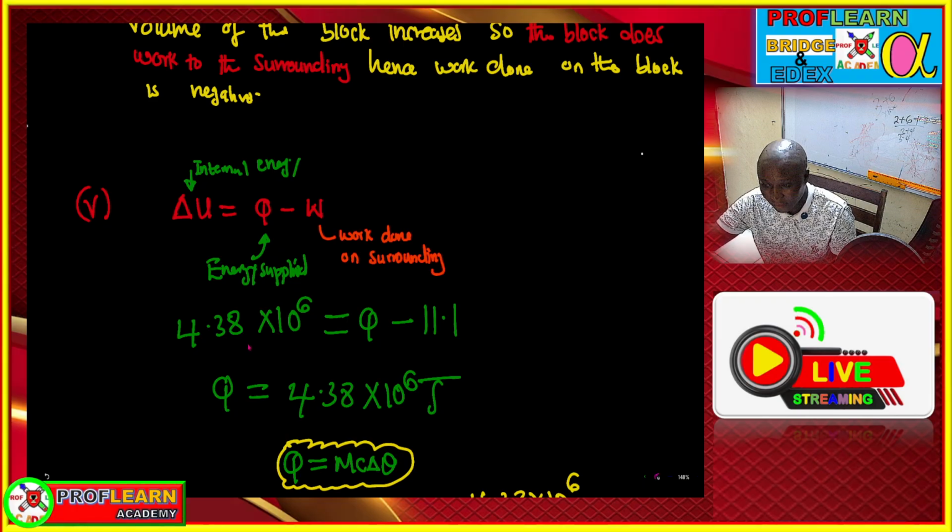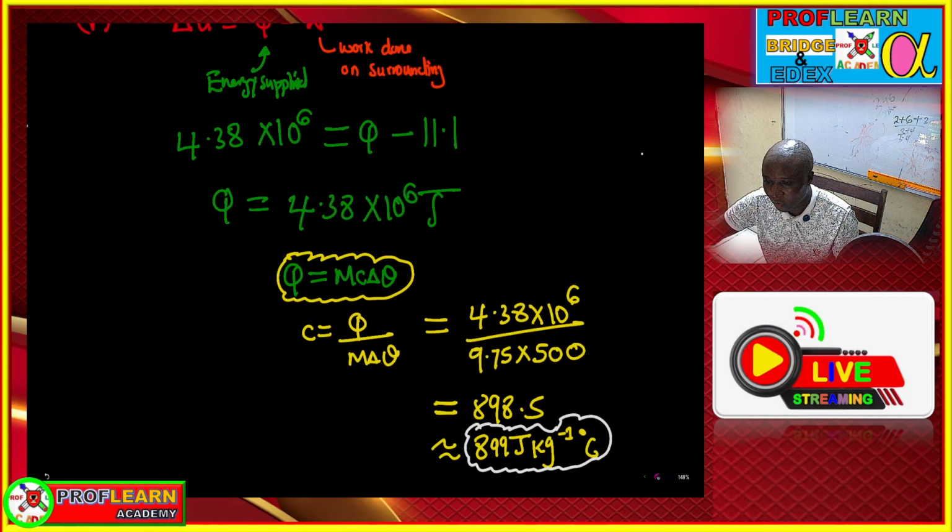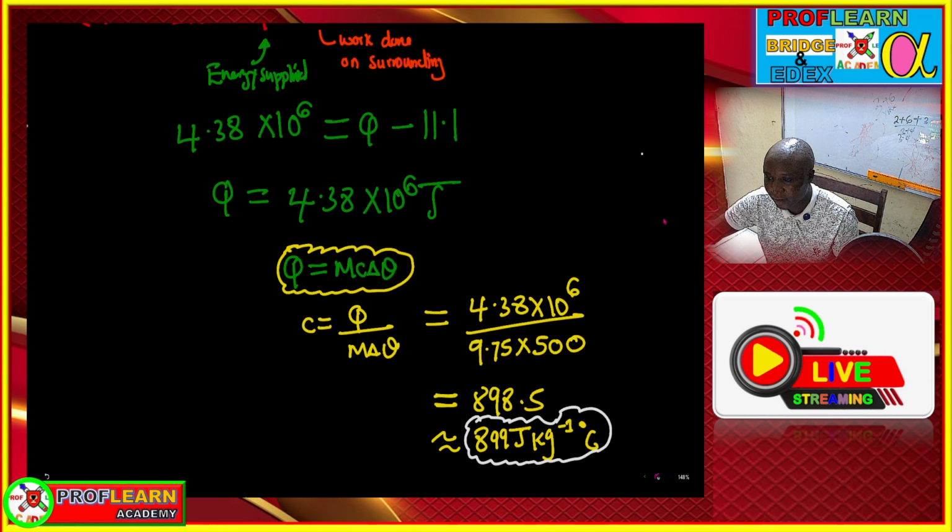The internal energy was given in the question, and then we are to work out the energy that was supplied. In this case, we realize that the energy is going to be 4.83, but even if we take this to the other side and add, it doesn't have much implication in this particular question.